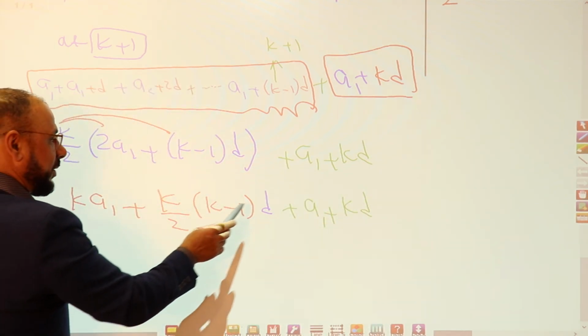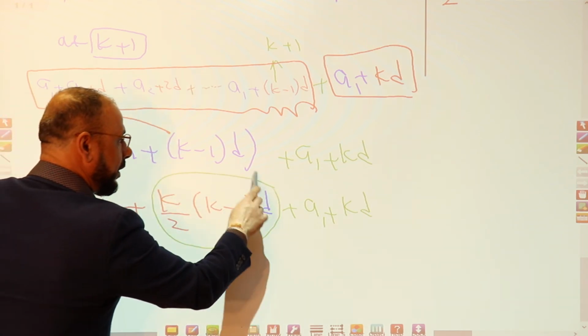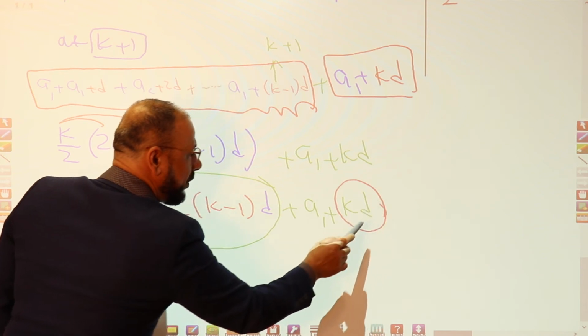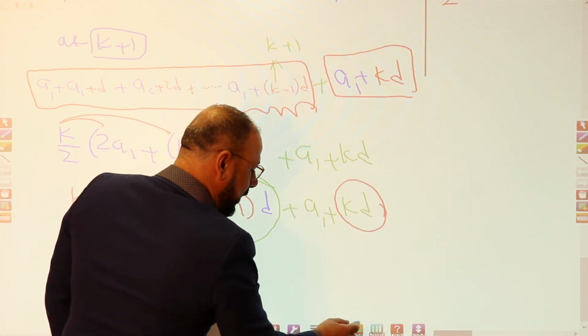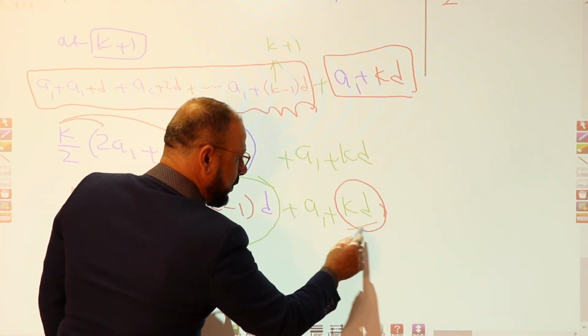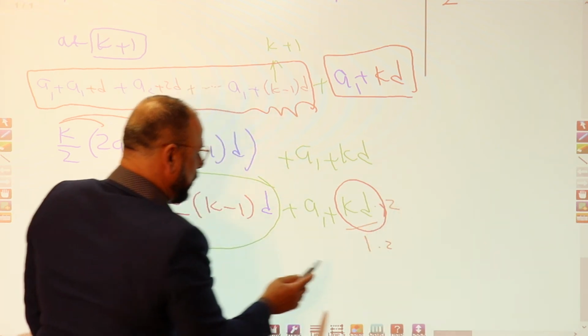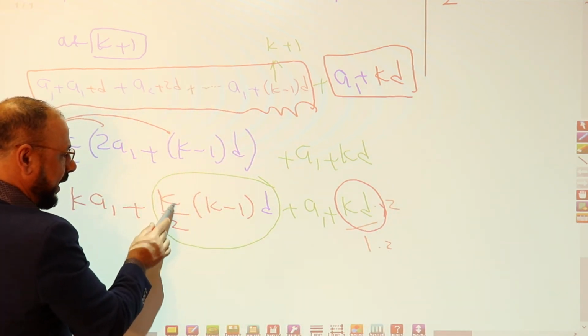Look, this term has kd and this term has kd. I'm going to do this term over 2, this over 1, multiply by 2, multiply by 2. What you notice? We have k over 2.